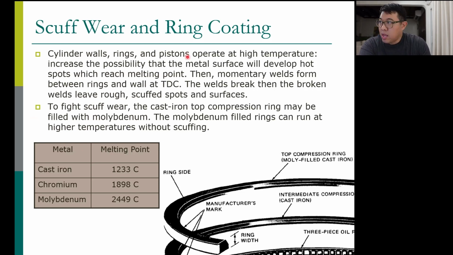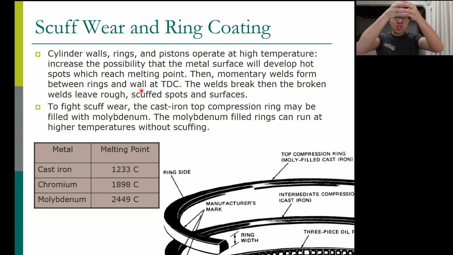Now, one thing about the compression ring is that sometimes if it cannot withstand temperatures, it can cause scuff wear. When it is operated at high temperatures, it is possible that the metal surface of the top compression ring can develop a hot spot with just a momentary weld between the ring and the wall.